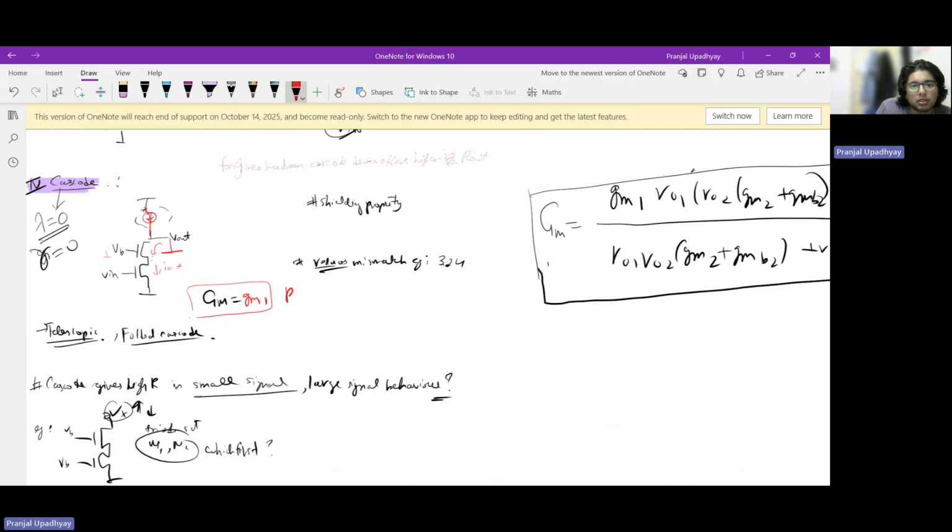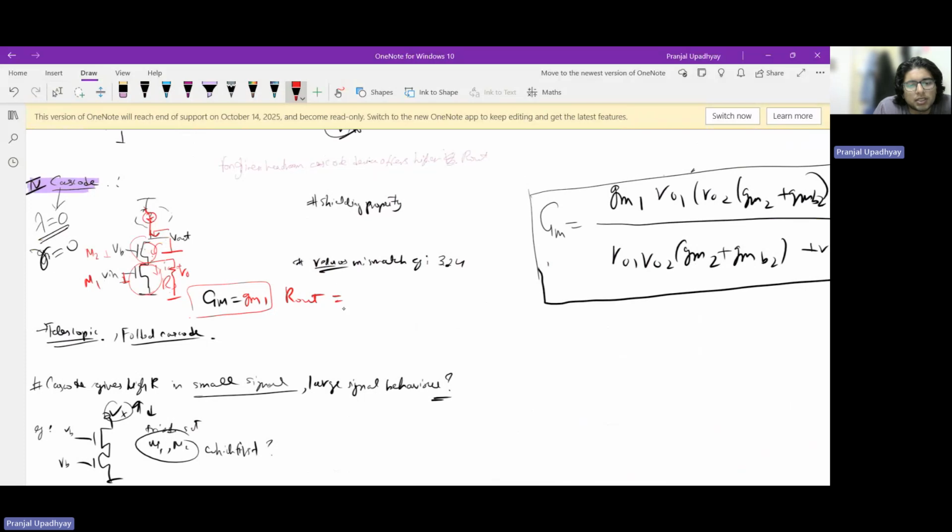And my R out is what? If I'm calling this transistor M2 and this one M1, and I'm seeing M2 from here, then for this transistor this is RS, and this other node is shorted, correct? So the resistance it is seeing at its RS for M2 is R naught, right?